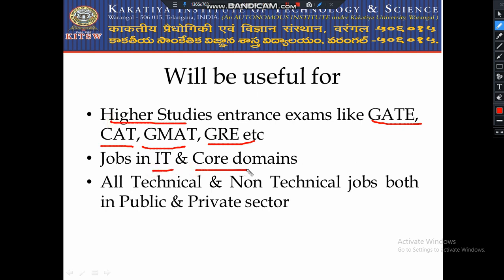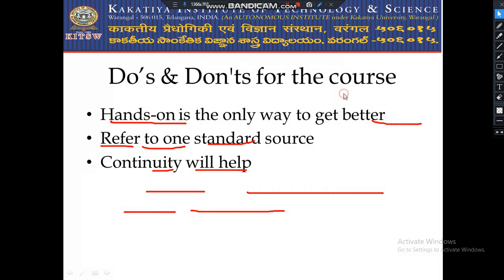For mechanical students also, if you want to join a core company these days, it is not an exaggeration, there is no company which does not test your aptitude skills. And take any public service exam like a government exam or any other private exam, both technical and non-technical, it has this subject syllabus. So this is a very, very important subject for you.